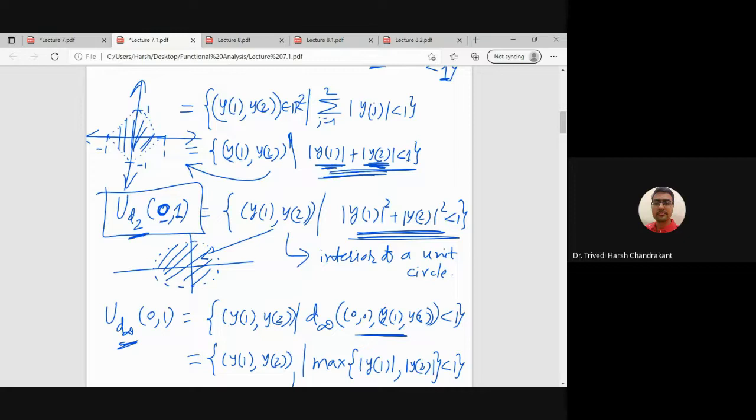So with respect to the Euclidean norm, if we define this set, then that is exactly the interior of the unit circle. That is actually known as the open unit disk, centered at origin.